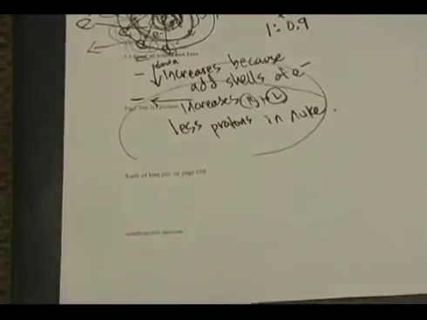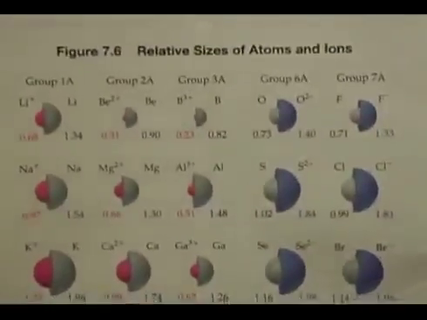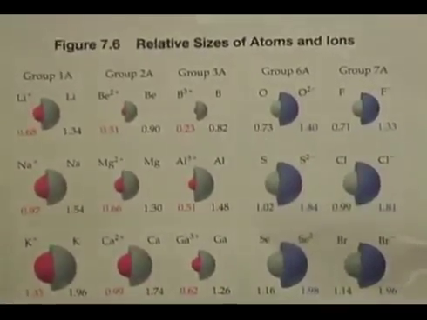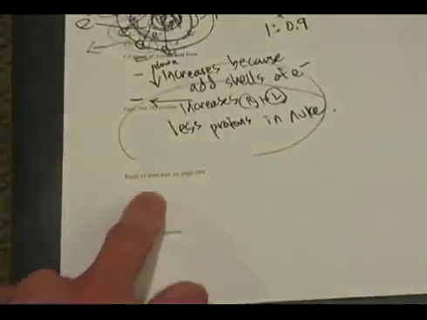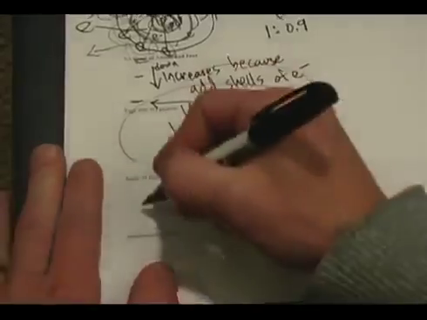Next, radii of ions. Well, when an atom gains or loses an electron, it's called an ion. And here are the basic relative sizes of the atoms and ions, and this diagram is given to you on page number 269. Here's the general rule.